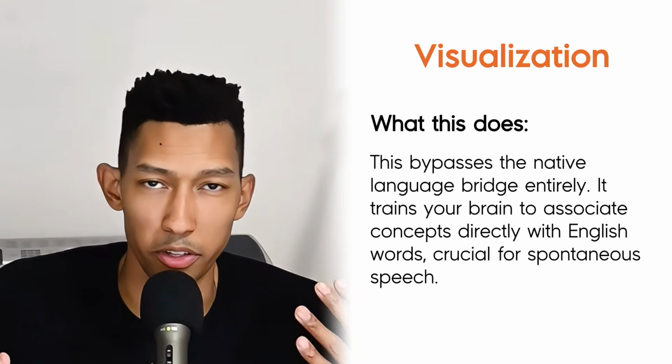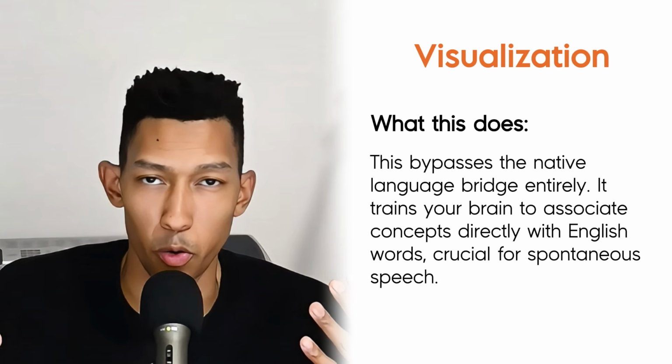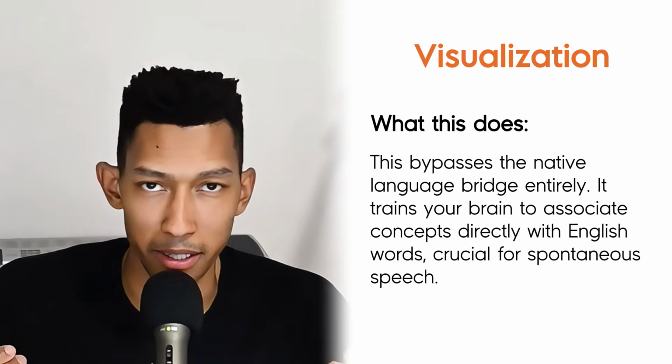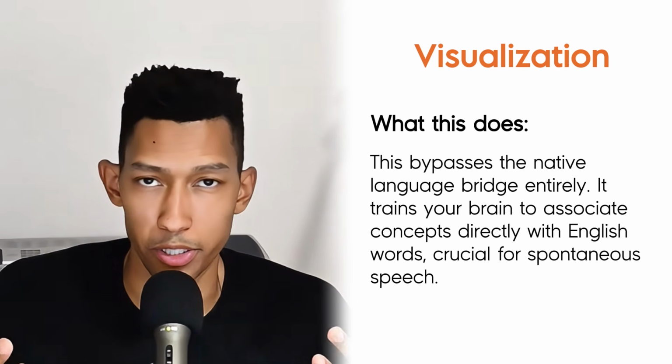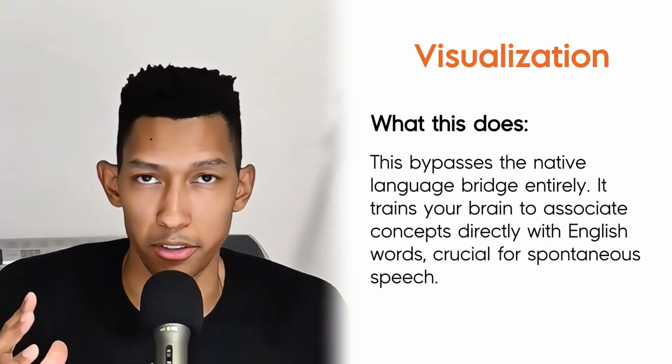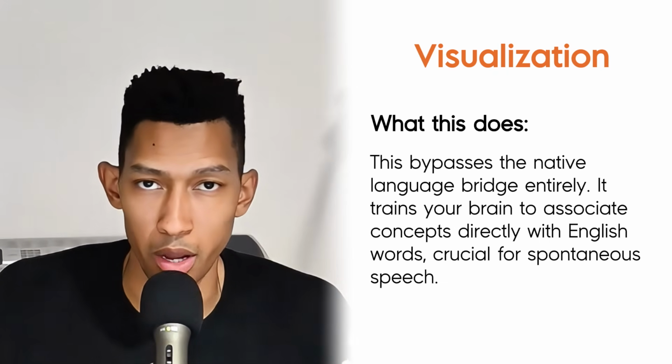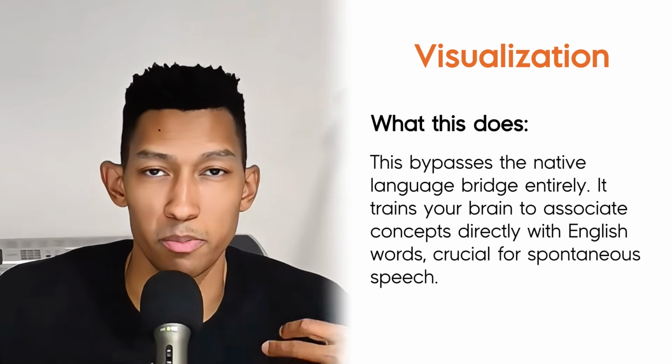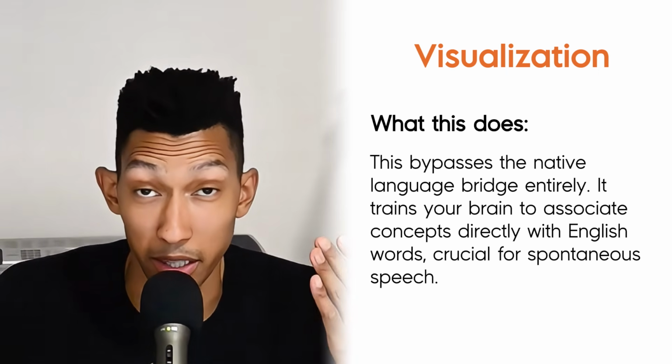And essentially, what this is going to do for you is help you immediately identify and correspond English words to everything that you can see and label around you, which is going to help you become a much more spontaneous communicator in the English language.